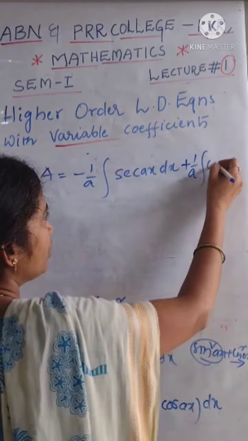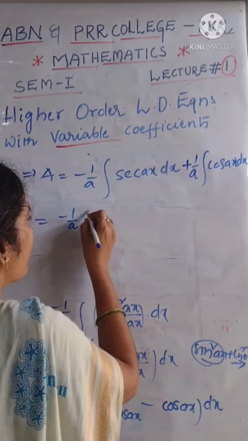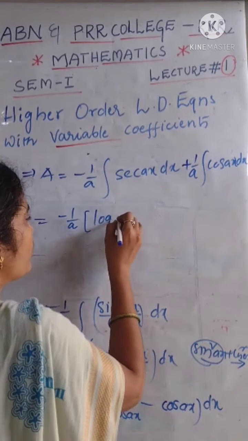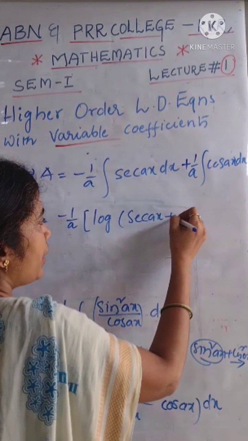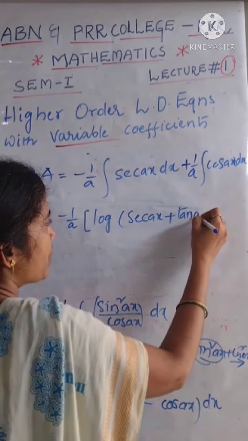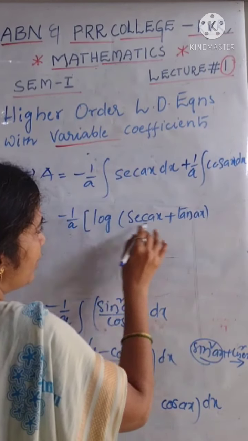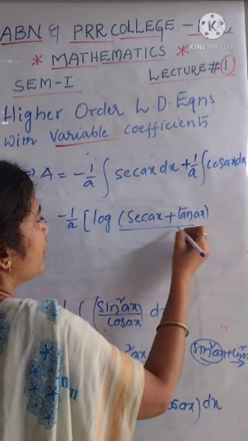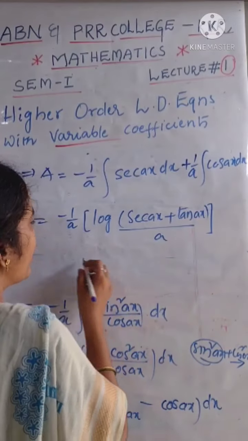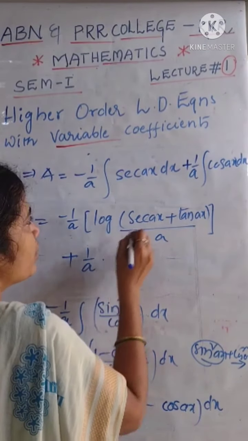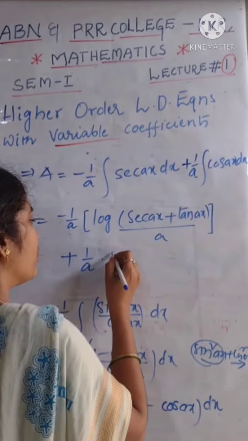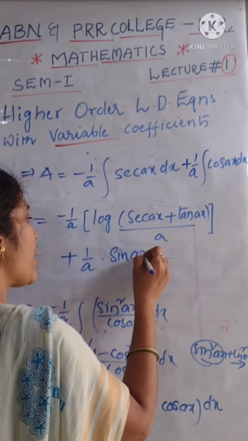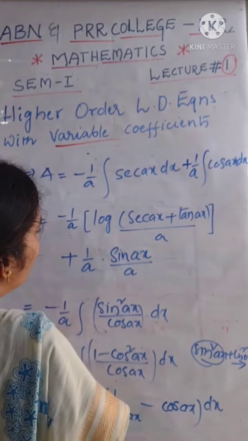We have a straight formula for the integration of secant ax; two formulas are there, and we can use the simple one: logarithm of secant ax plus tan ax, divided by the derivative of ax, which is a. This is the first integral value, plus 1 by a into the second integral value, the integration of cos ax, which is plus sin ax by a.